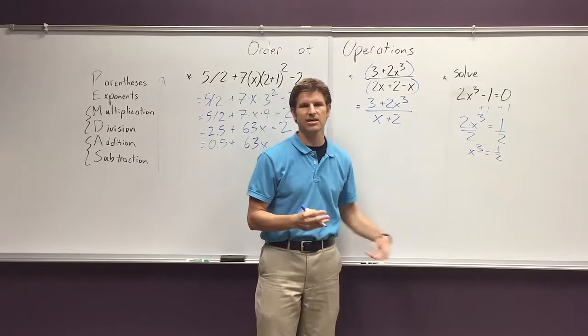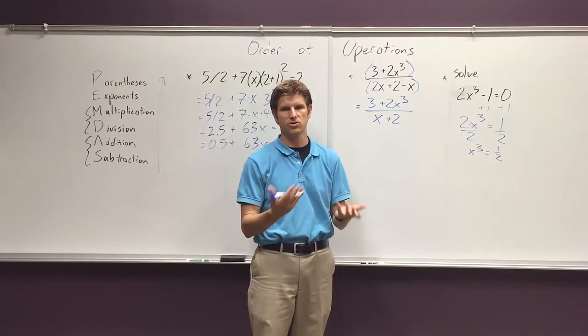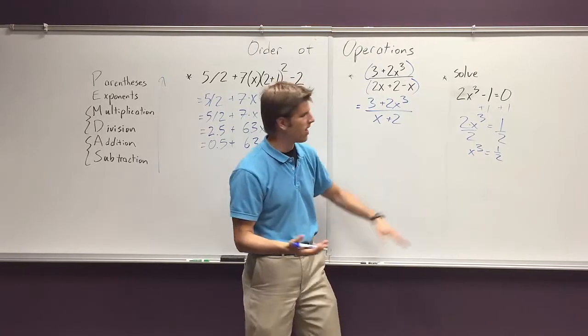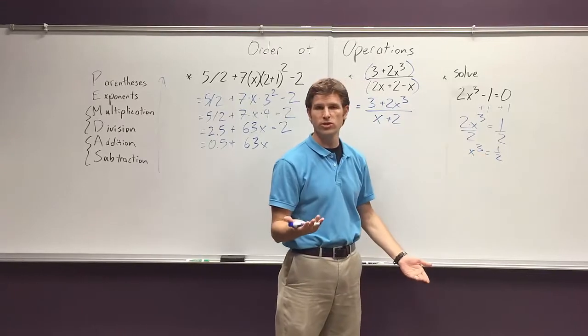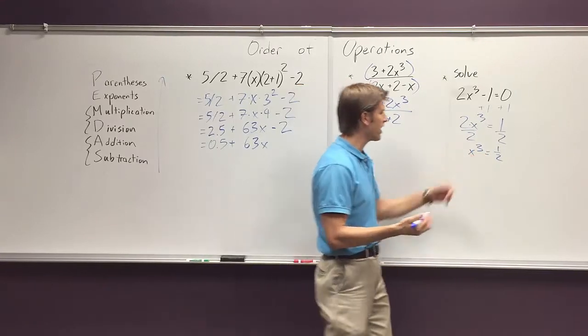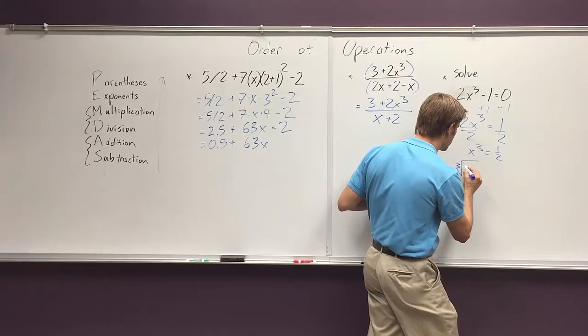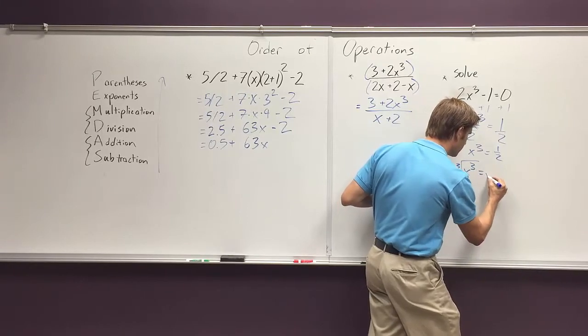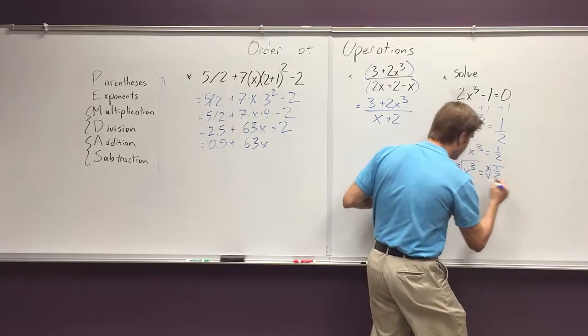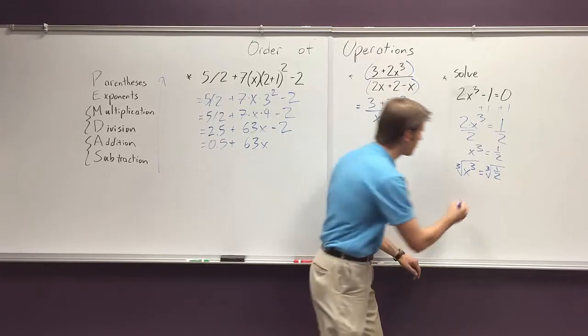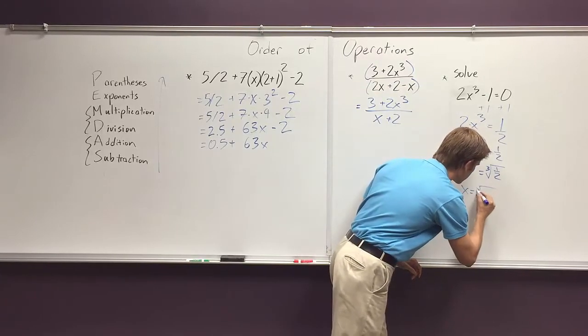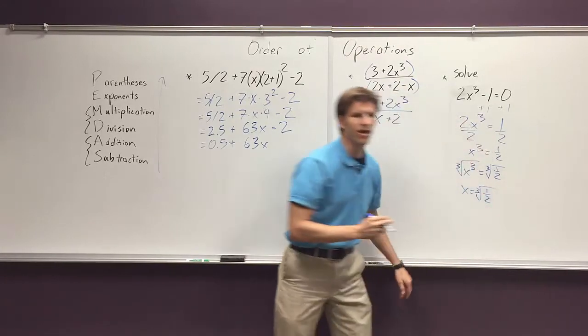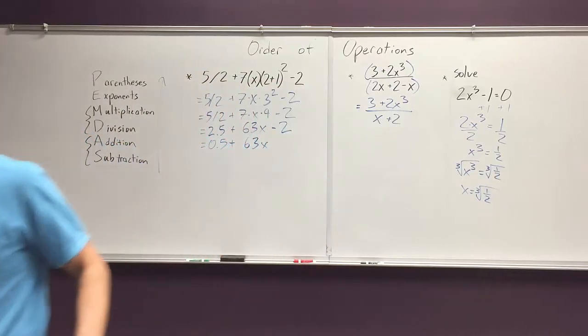Now, the last thing, the most attached to that x, is to the third power. Now, if you don't know how to do cube roots yet, that's okay. But what's going to happen here is you take the cube root of both sides. That's the thing that undoes the third power. And so we get x equals the cube root of 1/2. Hope that helps.